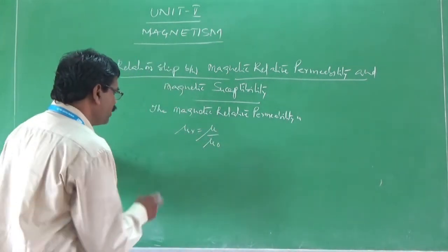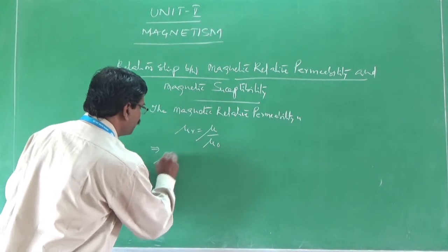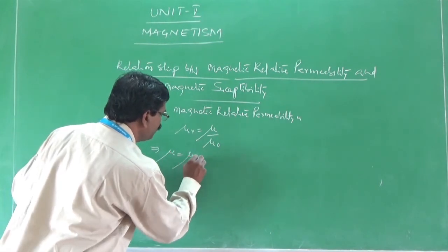From this, mu can be written as mu is equal to mu r into mu naught.